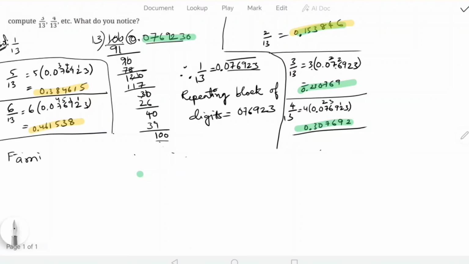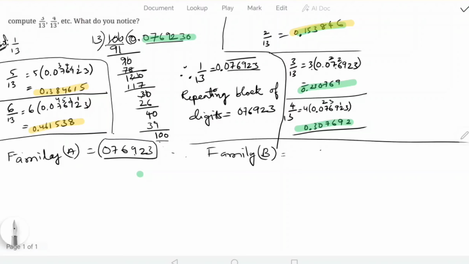Family A, we will take this one, 076923. This is family A. And family B is 153846. This is another family. So based on these families, only these digits are repeating.